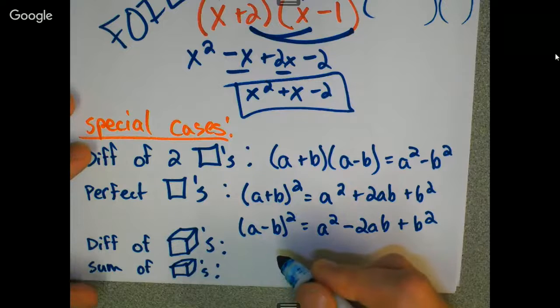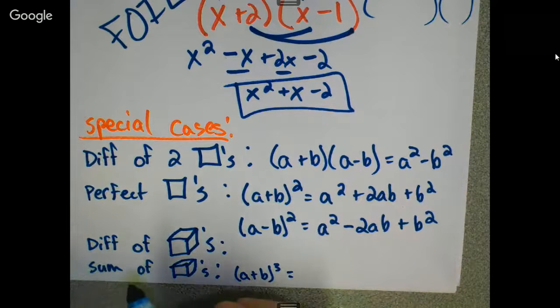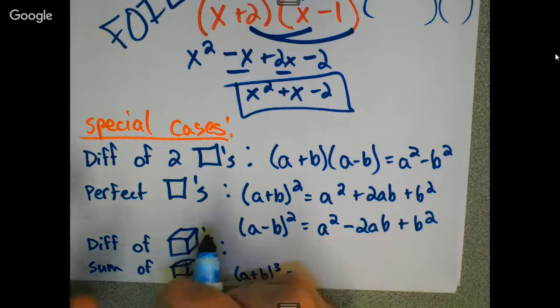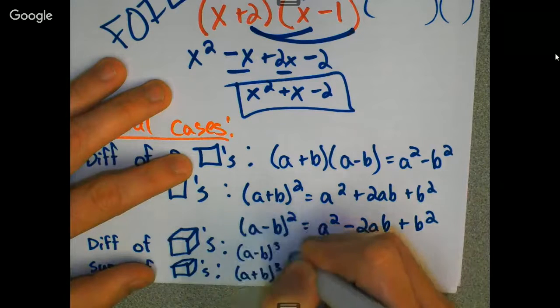Okay, and those look like, if we have sum, it's a plus b to the third. This one is a minus b to the third.